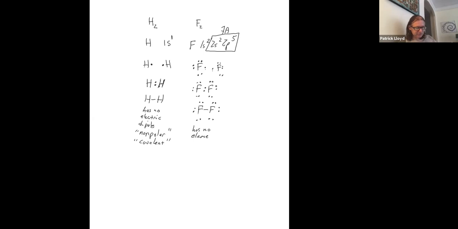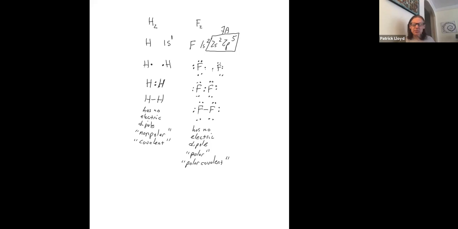Oops, let's spell electric dipole right. So this one is called polar or polar covalent. Both terms are used. There's probably even other terms that are used for them as well. Both of those molecules have no permanent dipole.